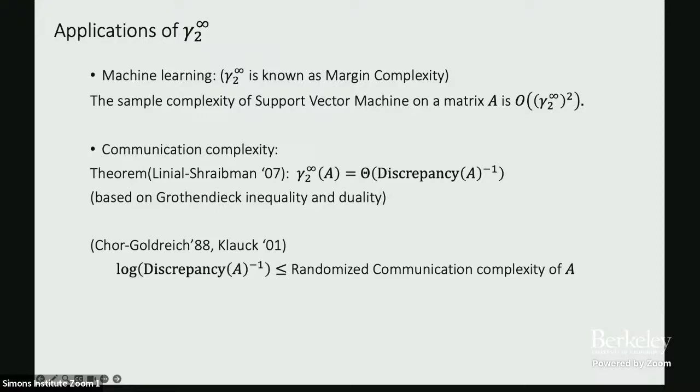But here, I'm looking at finding just one distribution on the entries of the matrix, under which I have low correlation with every rectangle, so every rectangle becomes balanced, or almost balanced. Anyway, I won't describe discrepancy, because we're going to work with the gamma 2 infinity norm.